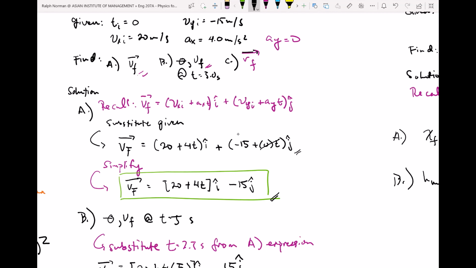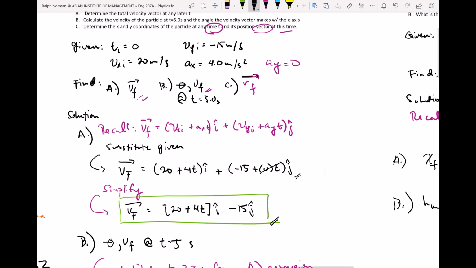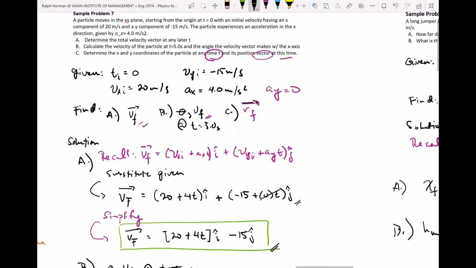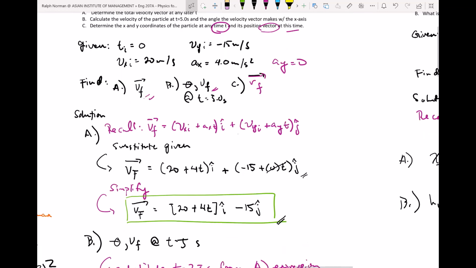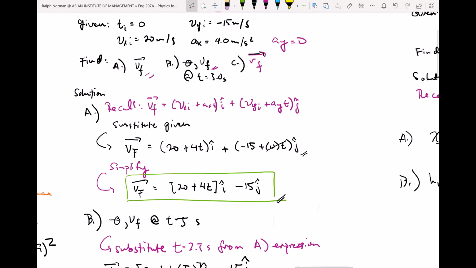For B, you're being asked the angle that the velocity makes with the x-axis and the velocity of the particle at time t equals 5 seconds.